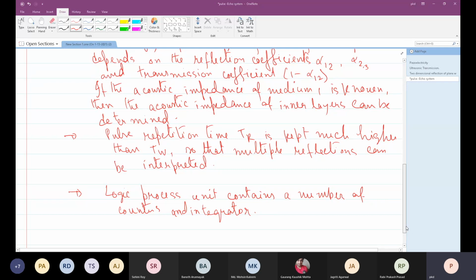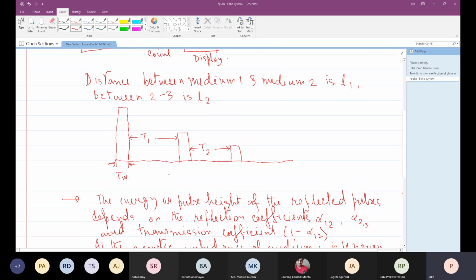Usually, how the integrator operates: a logic operation is made for every TW. So for this TW time, the integration will take place, and that will give some output, either counter or integrator.